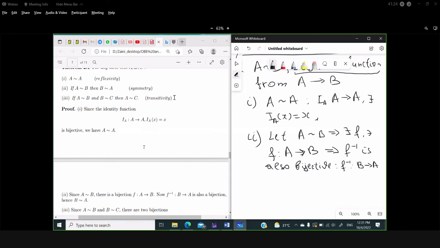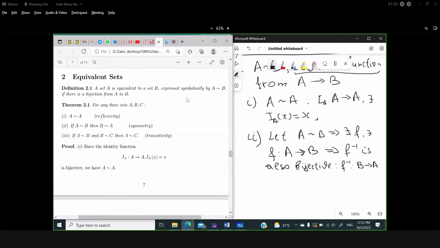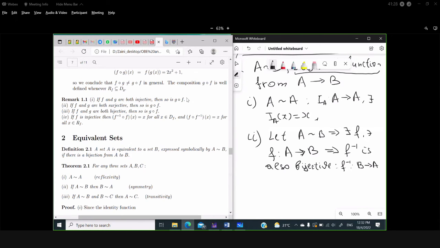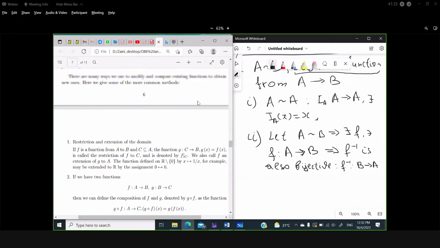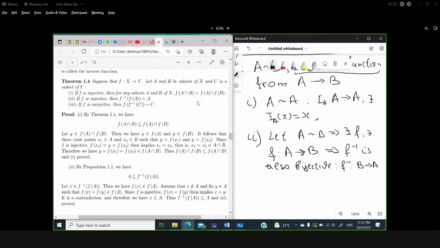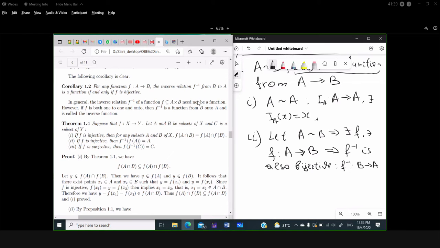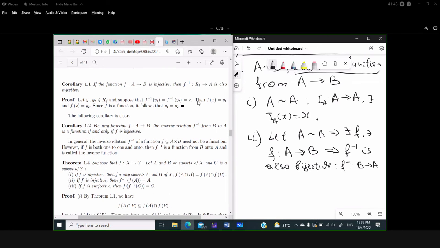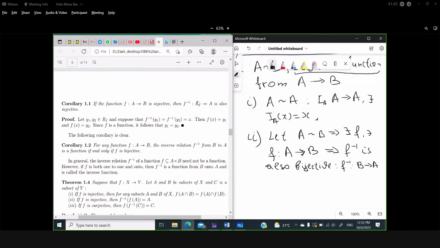What do we call this? Look, if F is a composite injective function, then it is also injective. If F is injective, F minus 1 is also injective, corollary.